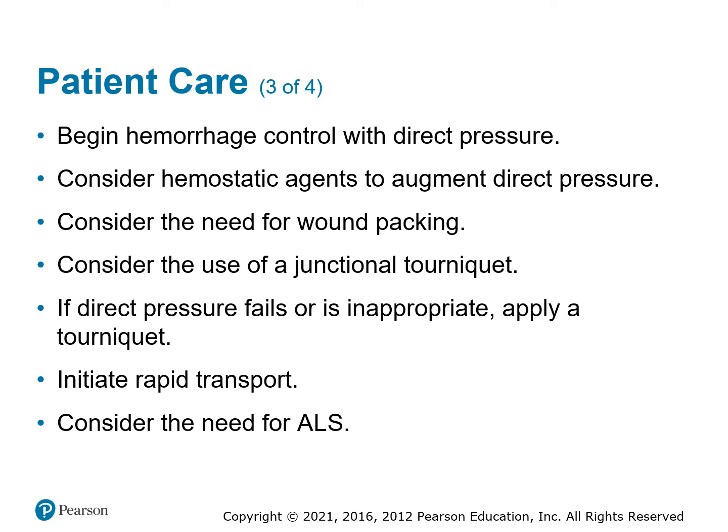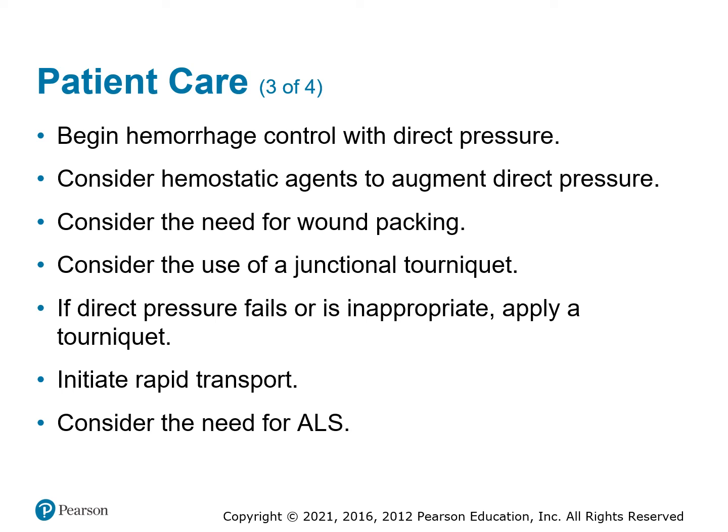So there is an order of doing things. You don't necessarily want to go straight to a tourniquet. You want to start at the beginning and then work your way through the process. Start with that direct pressure. If you can't control it with direct pressure, then you need to start considering that hemostatic agent to help augment the direct pressure and to help let it do some of the work in the clotting process.